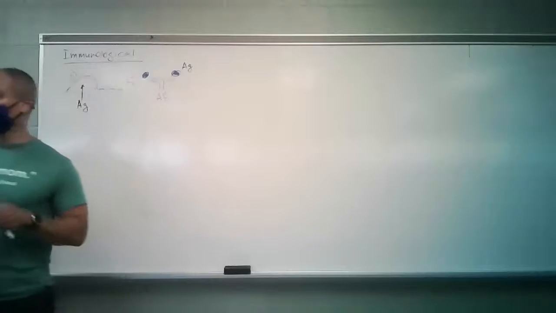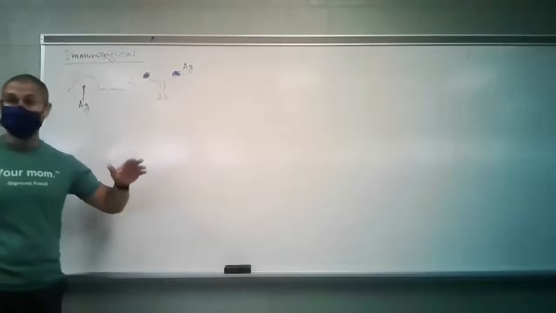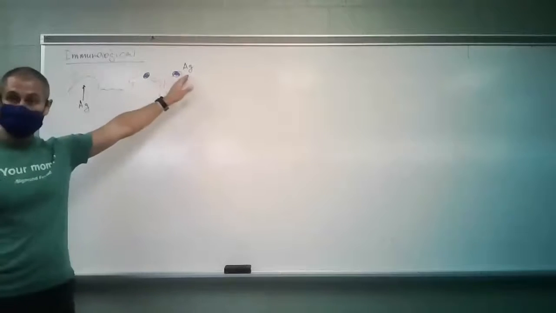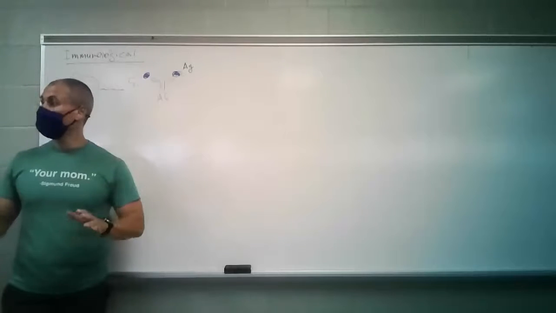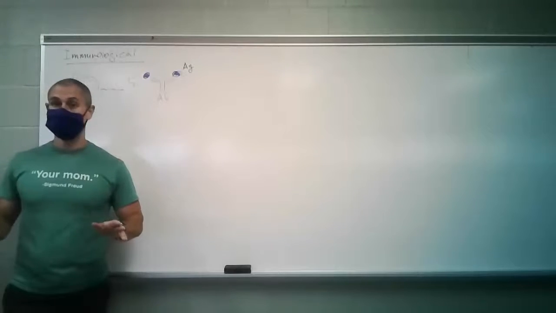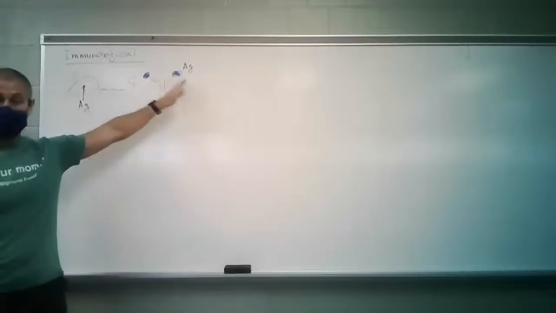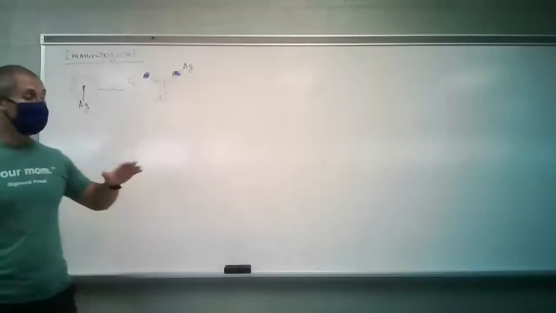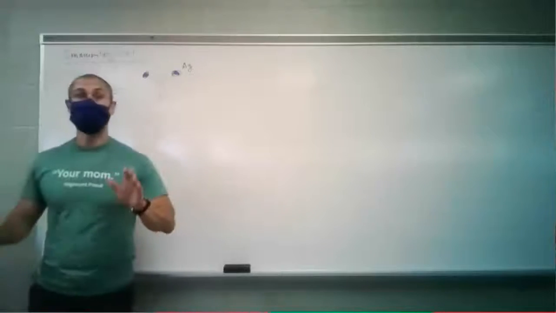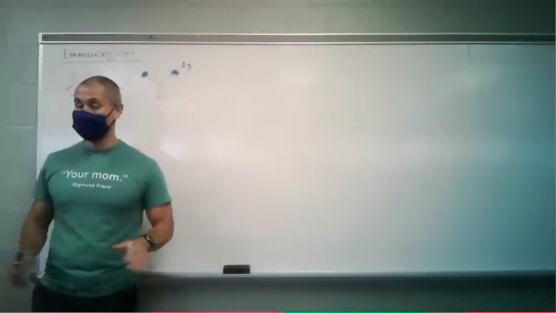So all immunological methods are based entirely on the recognition of antigen by antibodies. In those immunological methods, in some cases you want to detect an antigen. In other cases, you want to detect an antibody. Does that make sense? Okay, good? All right.